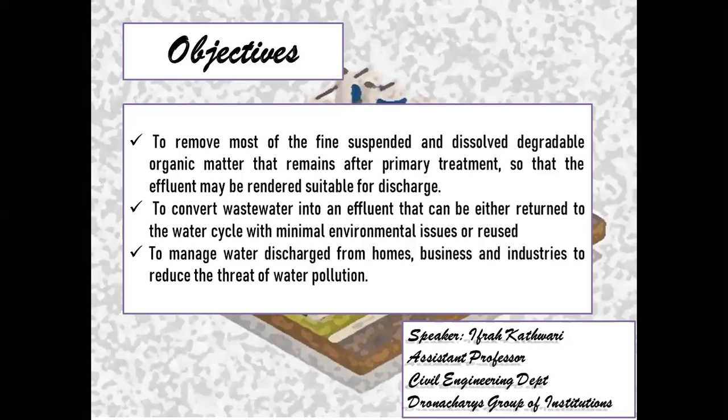We cannot dispose of it directly without any treatment because it may result in water pollution. In order to eradicate that, we go for treatment. We remove all such suspended particles and harmful matter that may be present in it, and then we go for disposal of this water into the water source.